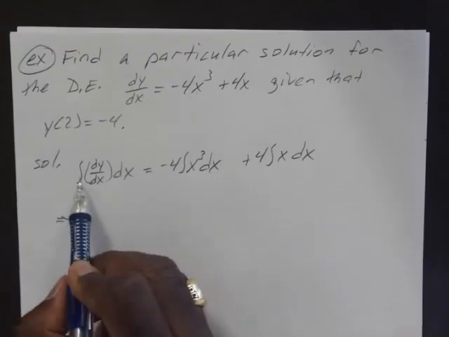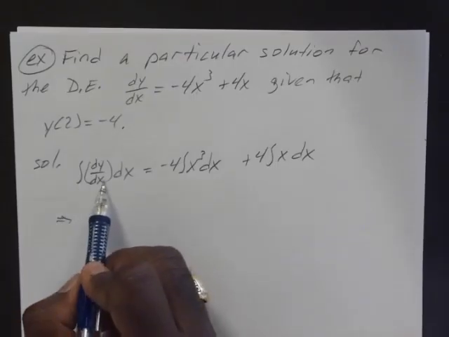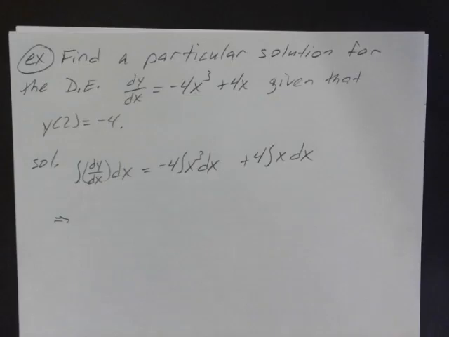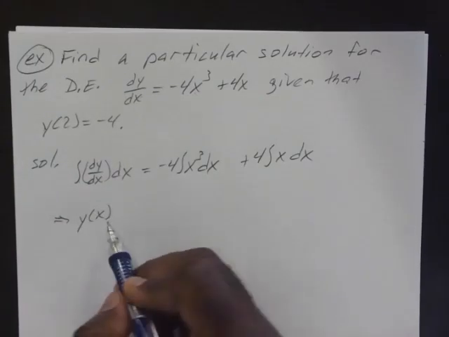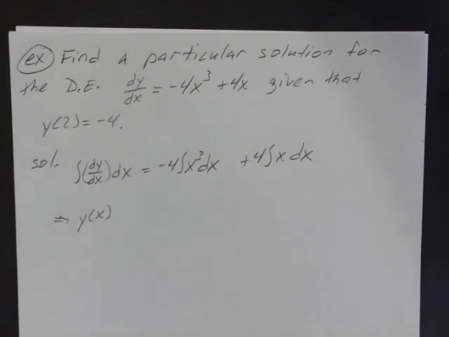Okay, so again, we know the integral of a derivative cancels each other out, leaving just our position function, but instead of y, we'll call it y of x. You don't have to, but because we have a particular solution that we're looking for, we're just going to make it y of x, since eventually we're going to have to look for y of 2.